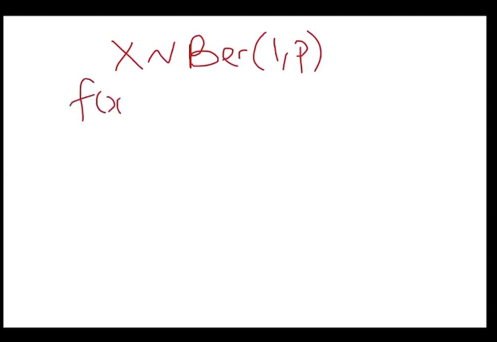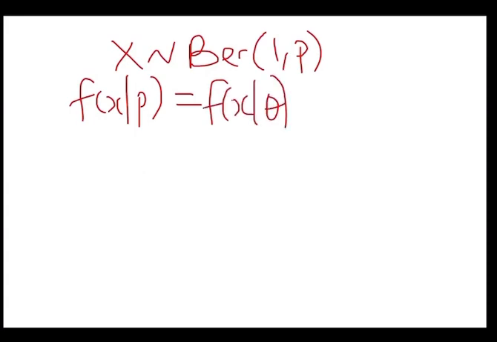Let's say we have X following a Bernoulli distribution with parameter p. The Bernoulli distribution, given the parameter p, is more or less like I'm writing f of x given theta, equal to theta raised to the power x, times 1 minus theta raised to the power 1 minus x.